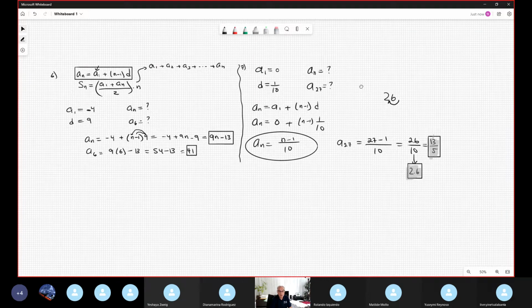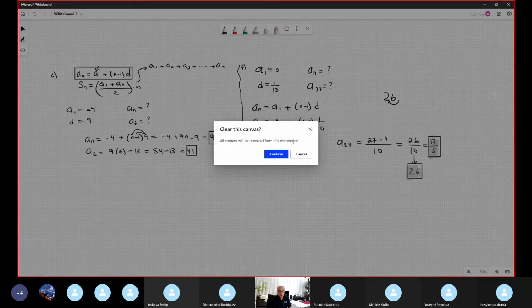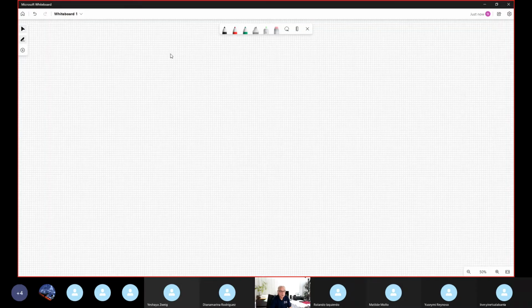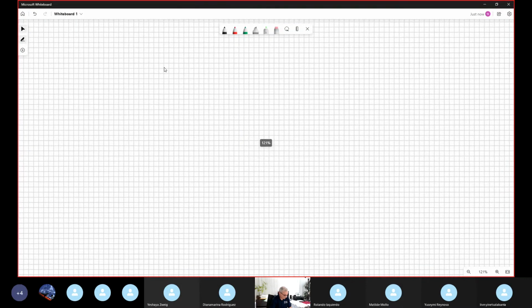This is questions 6 and 7. Okay, question 8: 6 plus 12 plus 18 plus and so on, with summation 480. Compute that. The first thing you should do is identify whether it is an arithmetic sequence or a geometric sequence.